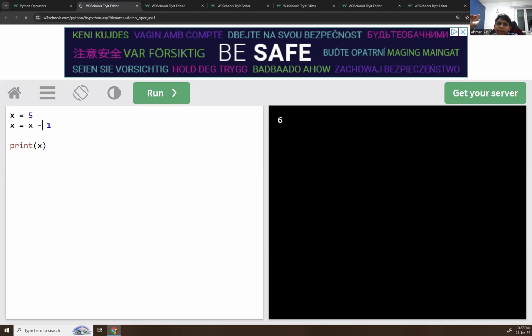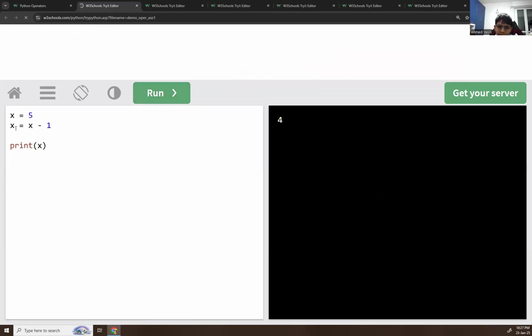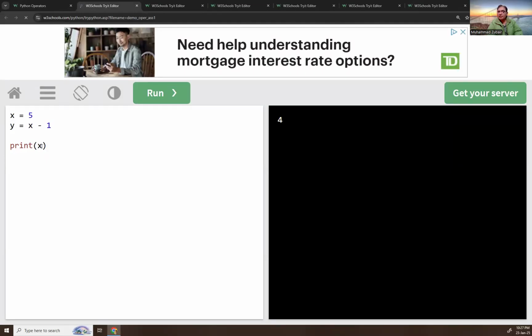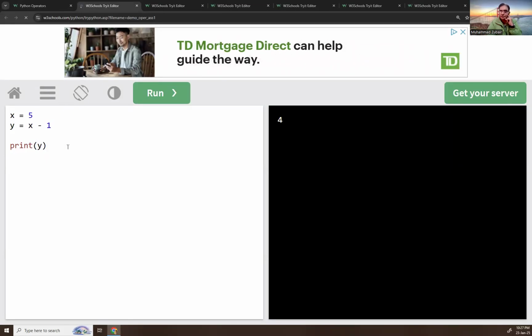It will become 4. Okay, 4, not 5. If I change this x variable into y and then I print y, what will be the result now? x minus 1, because that's its value.